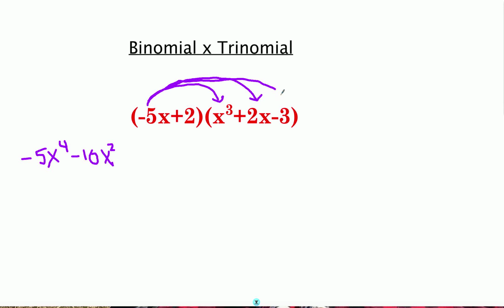And then negative 5x times negative 3 will make positive 15x. So I'm halfway finished with distributing. Now I need to go to the positive 2 and distribute it to all 3 terms. So this would give me plus 2x cubed.